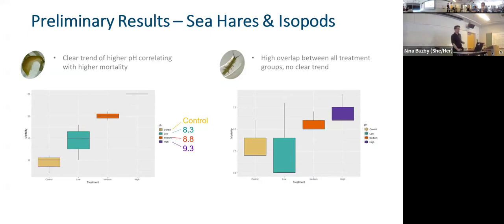So in the most extreme case of 9.3 pH, 100% mortality. As you moved closer to control conditions, it was much more normal. As far as the isopods, they seem to be somewhat unaffected up to about a pH of 8.3. And then after that, there seemed to be a clear indication of somewhat decreased survivorship.